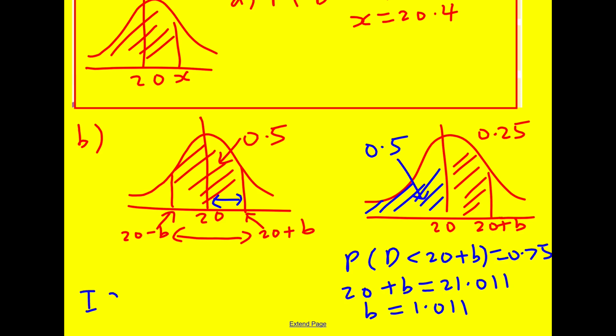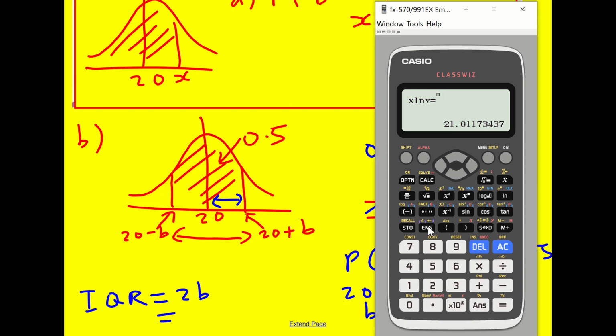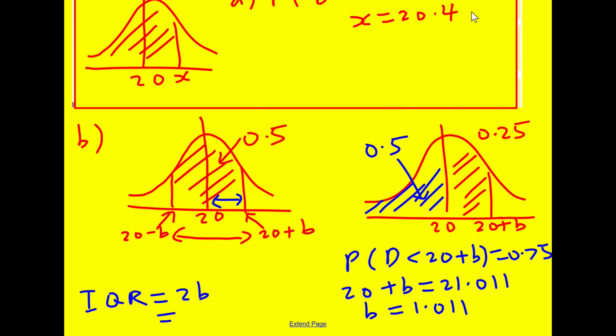So finally, the interquartile range is going to be 2B, and then we have it, 2.02. You know what, I could have just doubled it from there. I don't know why I just did that.